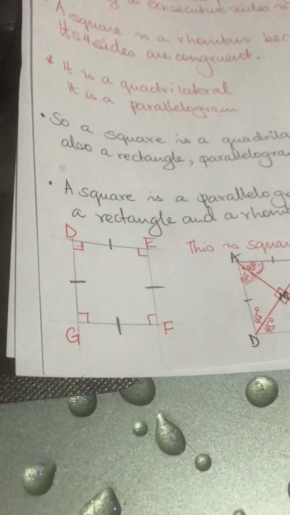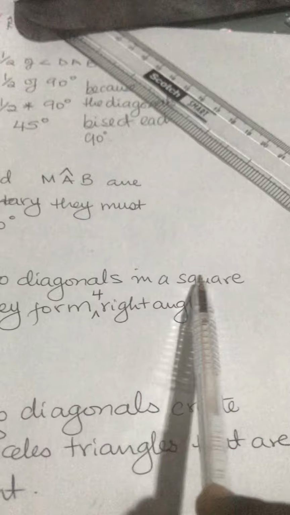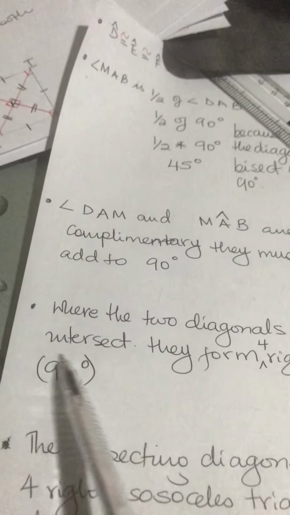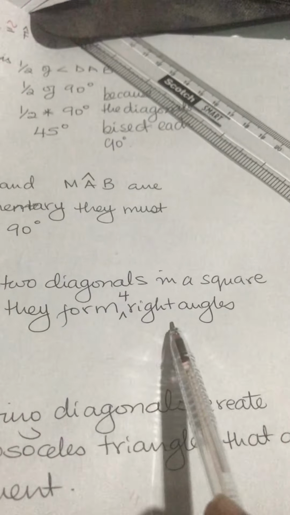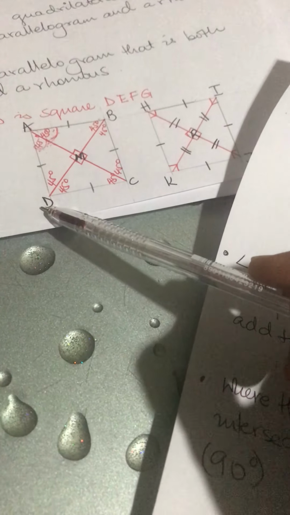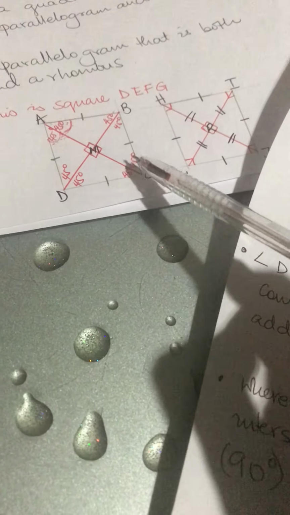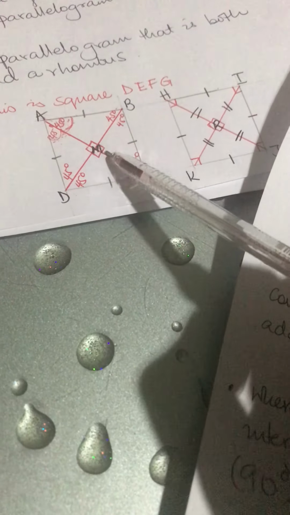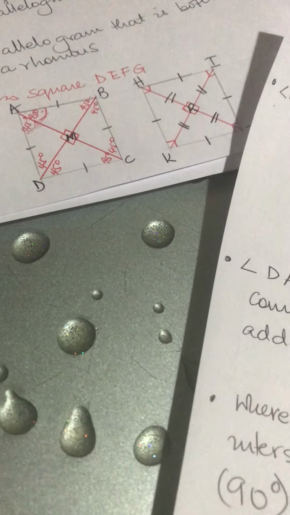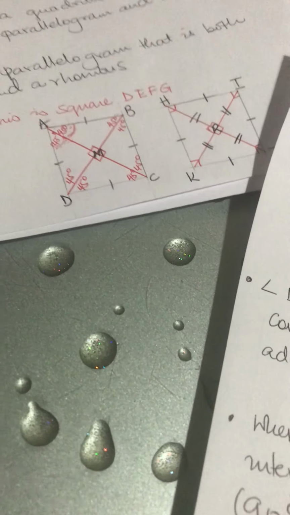Now, it says over here, where the two diagonals in a square intersect, where they meet, they form four right angles. So, these diagonals DB and AC, they meet at M. All these four angles must be 90 degrees. They cannot be any other number. They must be 90 degrees.